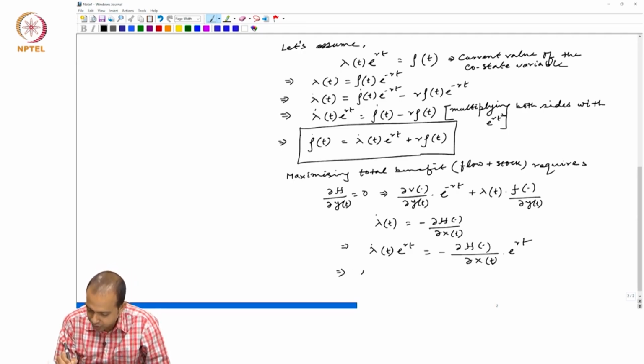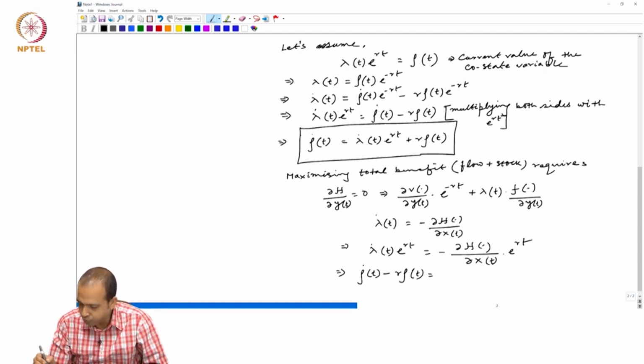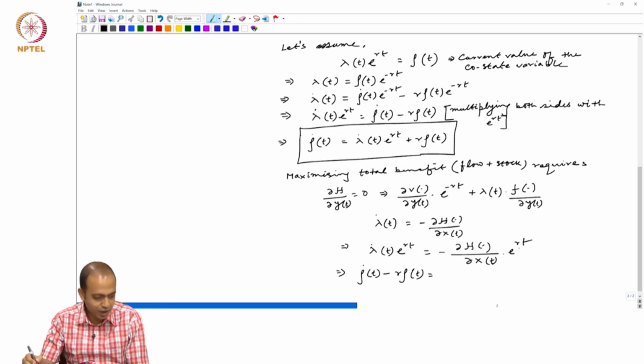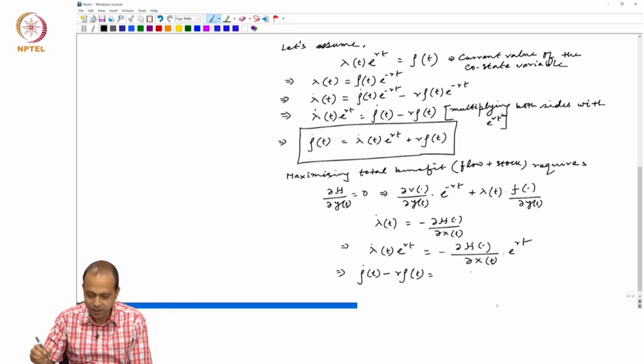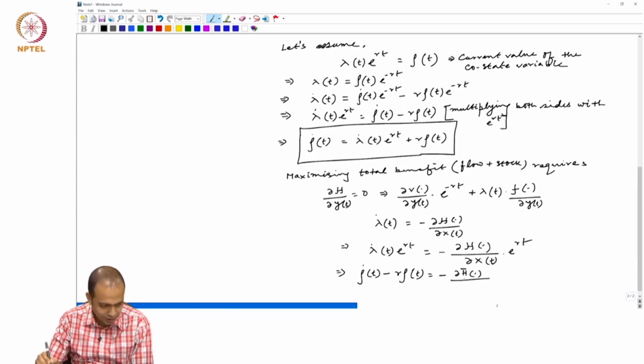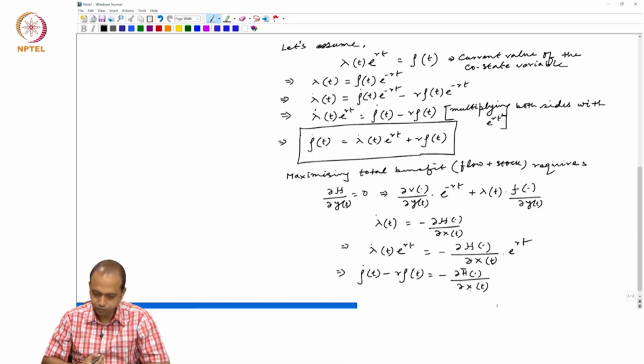So, this we can write: rho dot t minus r into rho t equals, when you multiply with e to the power RT, the current value Hamiltonian, which is nothing but minus del H bar del xt. Okay, that is what we got.